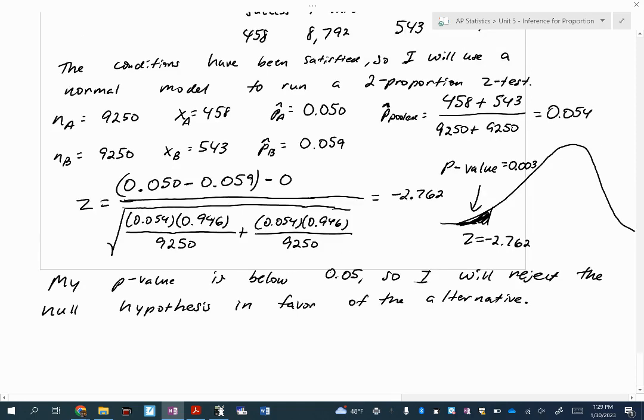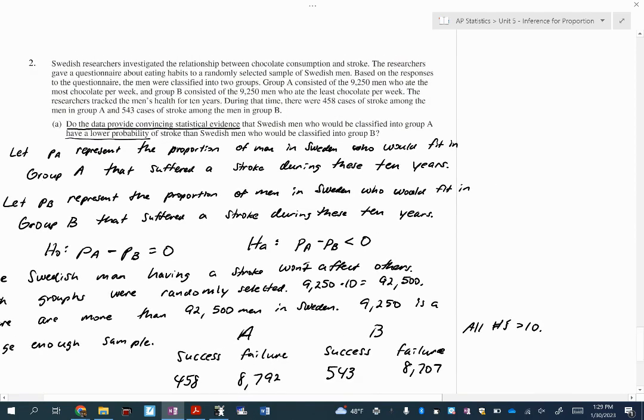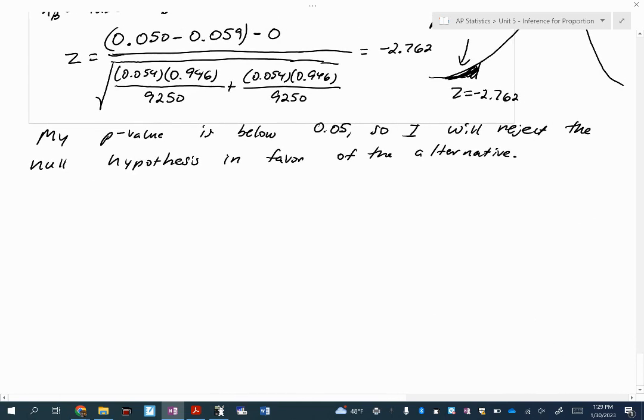So essentially what I'm saying, if I go back to my hypotheses, is that we do have enough evidence to say that those men in Sweden who would classify into group A based on their chocolate consumption would have a lower rate of stroke than the men in Sweden who are classified in group B. So I'll write that out.